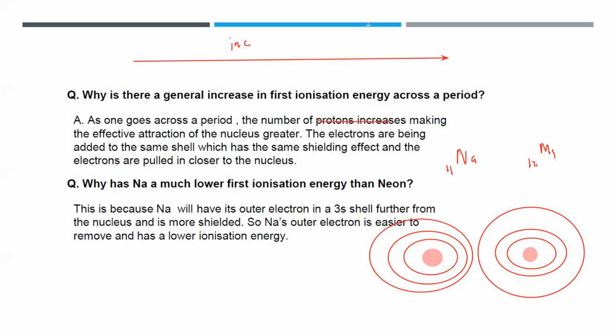So what happened? The same third shell, but here the third shell is experiencing attraction from 11 protons. The third shell electrons experience attraction from 12 protons. So greater attraction for the same shielding effect. Why?